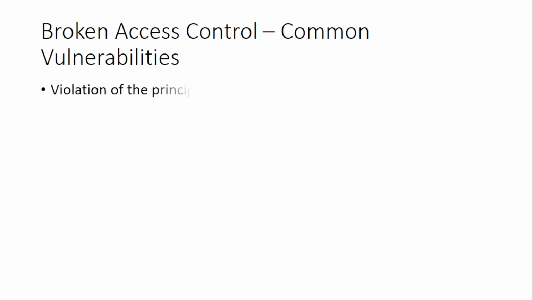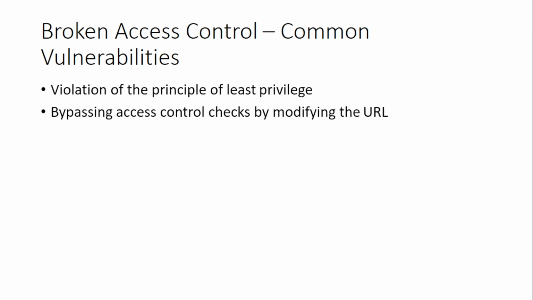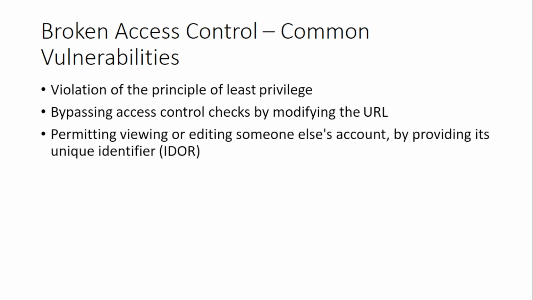The common vulnerabilities from this are, in general, violation of the principle of least privilege, bypassing access control checks by modifying the URL, for example, if we do path traversal, permitting viewing and or editing someone else's account by providing its unique identifier.